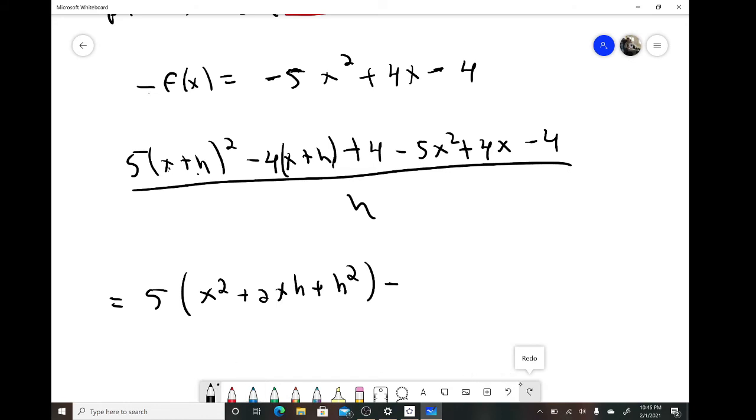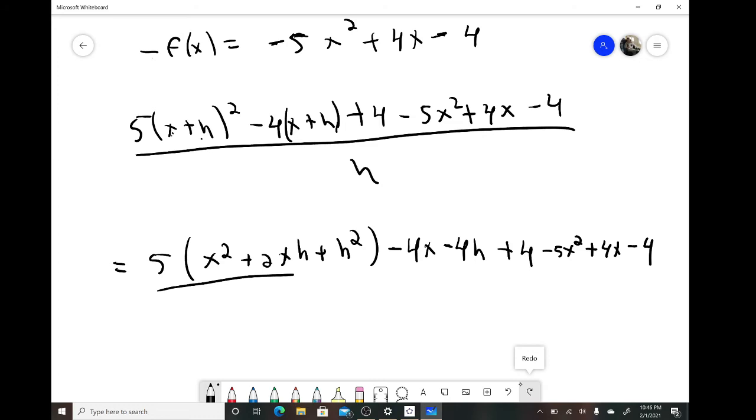Minus 4 times x is simply minus 4x. And minus 4 times h is minus 4h. Then I still have a plus 4, this plus 4 right here, and then minus 5x squared, I'm doing nothing with it, plus 4x, I'm doing nothing with it either, and then minus 4. And all of this, once again, is being divided by h.